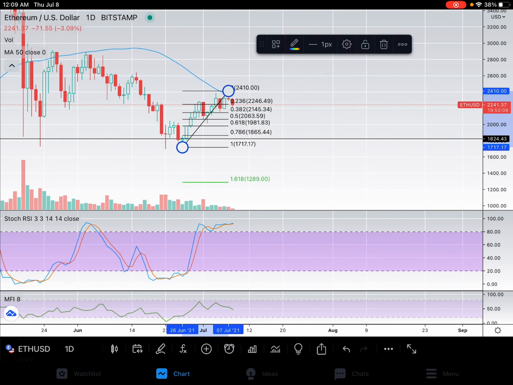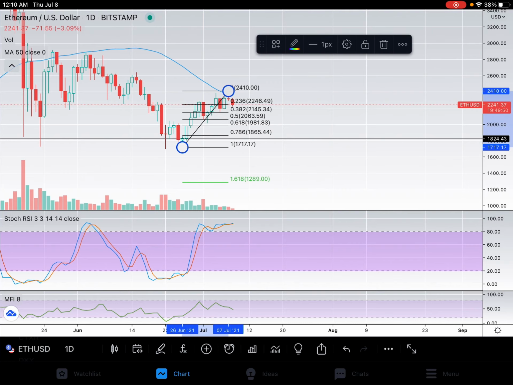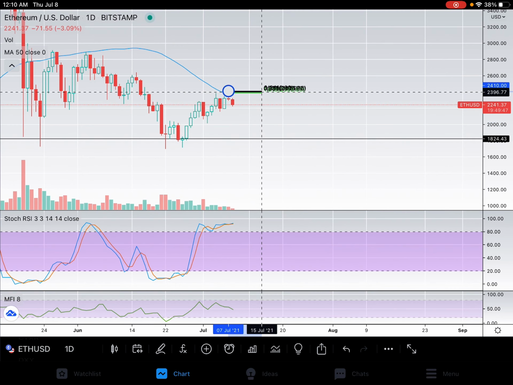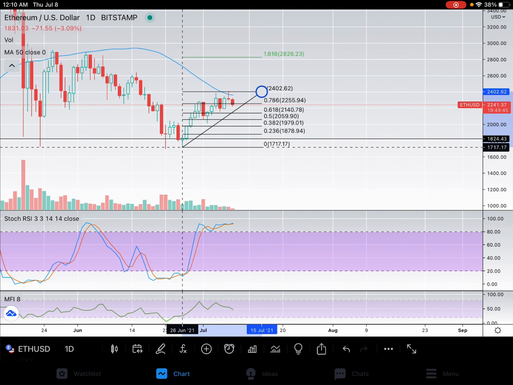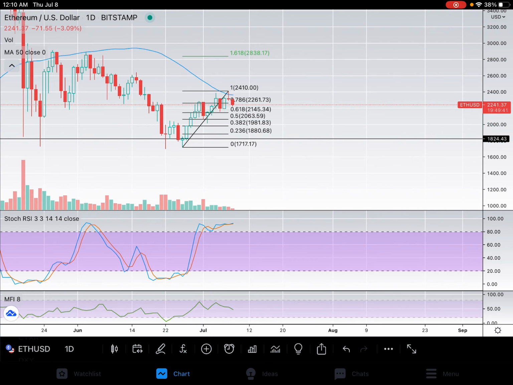All right, let's just say this is a wave one, and it retraces back to 1981, which is the golden fib ratio. That could be a wave two. And then we could set up an extension for it to be wave three. So the wave three level could be up to 2838.